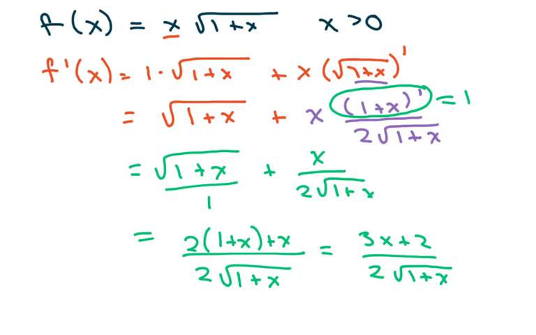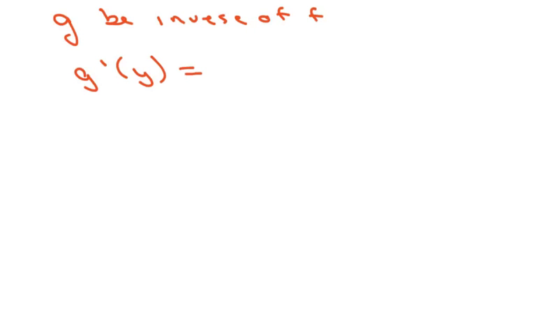So now we want, so remember that, I'll write it again. So now we want g to be the inverse of f. So we know that the derivative of g with respect to y is 1 over the derivative of f at g of y.